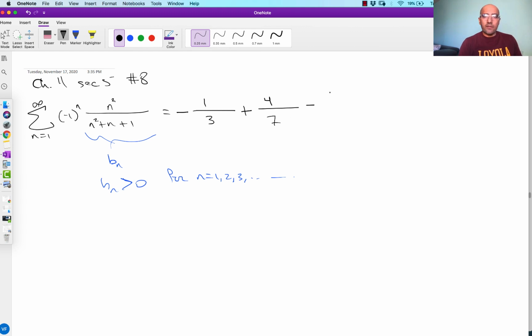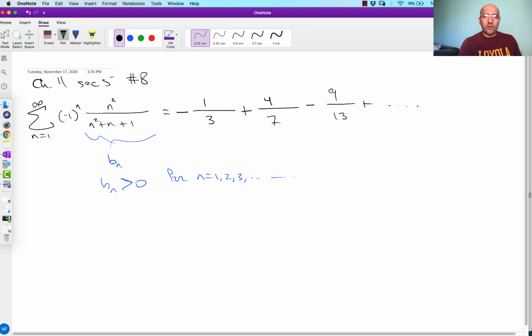Minus, the third one would be a 9 in the numerator, and then 9 plus 3 plus 1, makes it 13 in the denominator, plus so on and so forth. Okay, so we have the first couple of values in there. We have a sense of what it looks like. So let's apply our test.